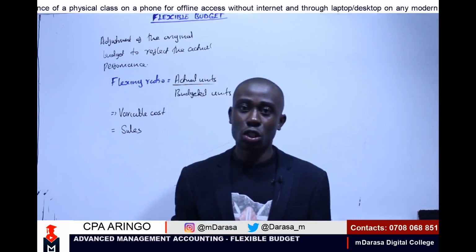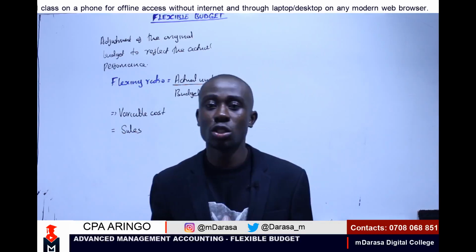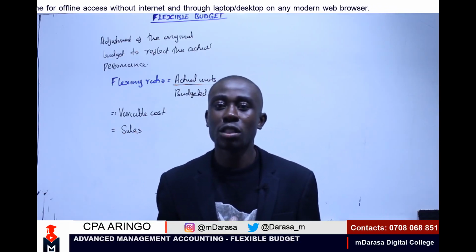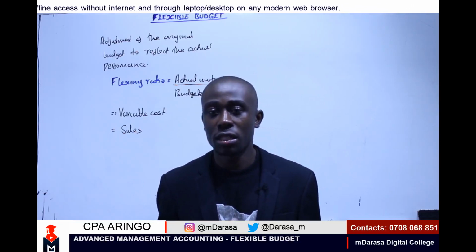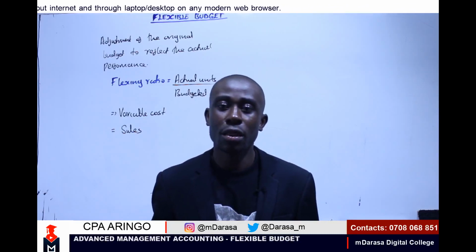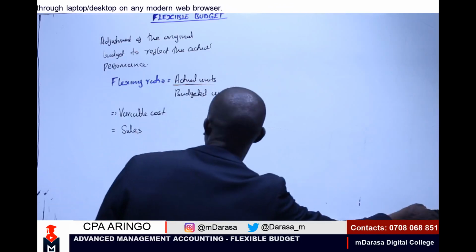Given our question, which you've gone through, and I believe you've taken a screenshot of the question, we were required to redraft our operating statement using the flexible budget approach. And this is how we are going to handle it.